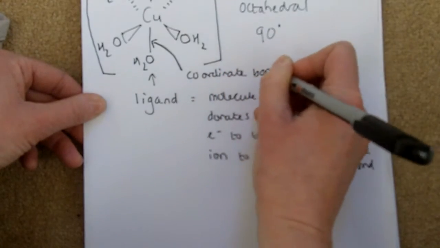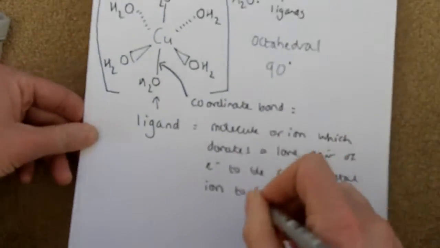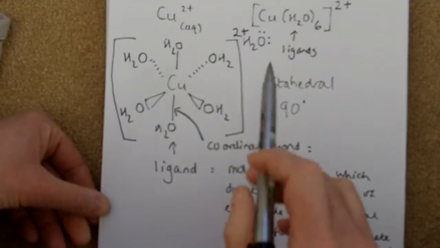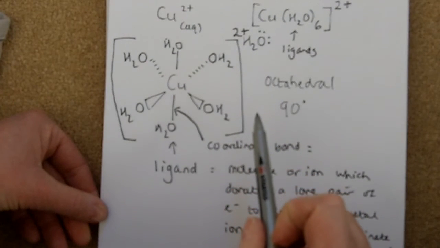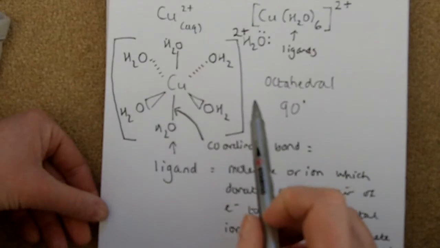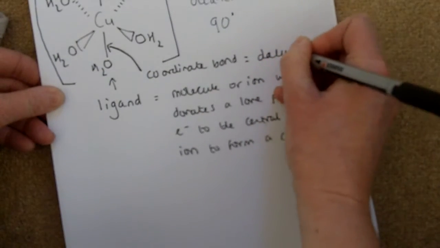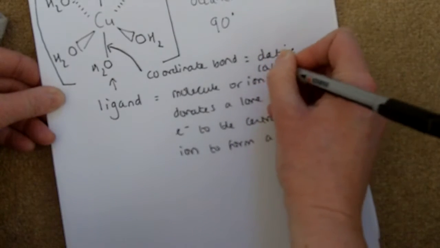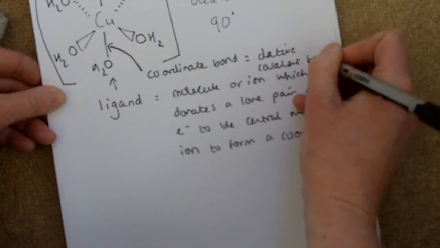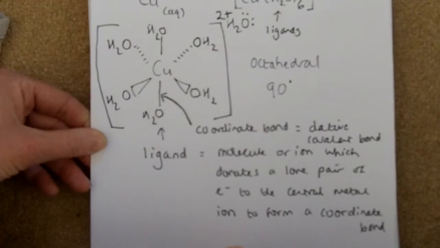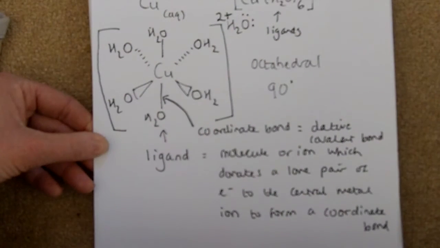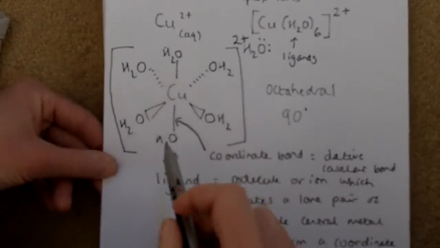Okay, there's another term for that bond in organic chemistry. When a bond is formed and the electron pair comes from the same atom, it's called a dative covalent bond. So you can also call it a dative covalent bond. So it forms a coordinate bond or a dative covalent bond. Right, and that's a complex ion.